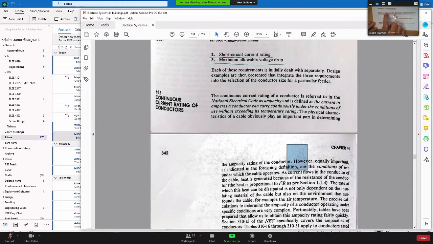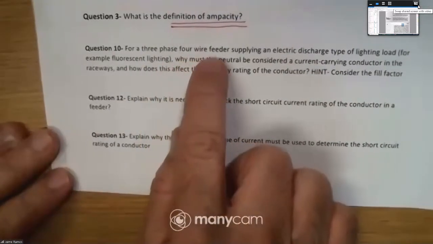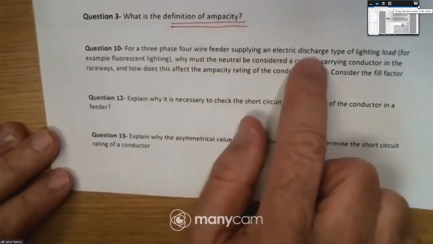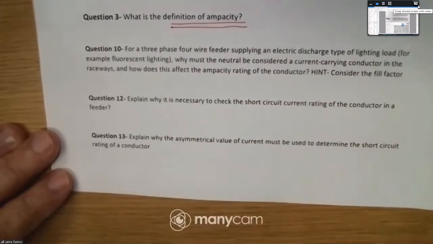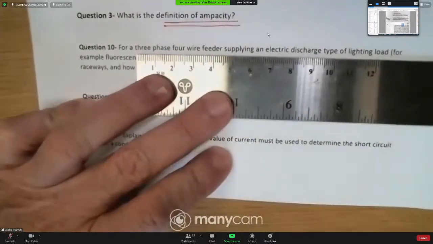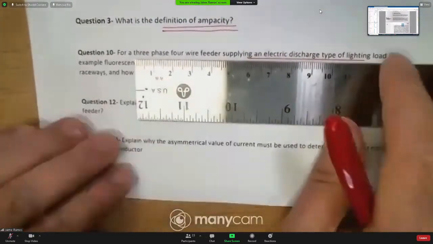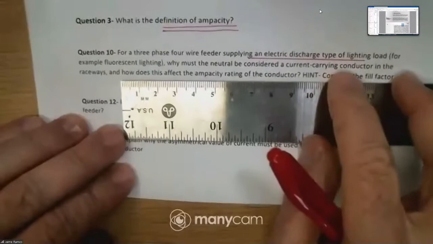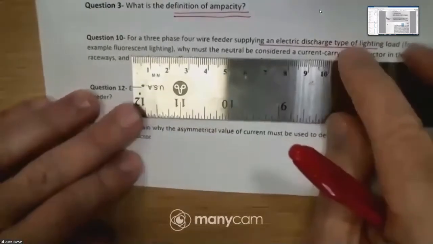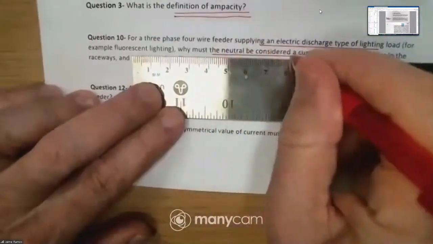Question 10: For a three-phase, four-wire feeder, electric discharge type lighting, why must the neutral be considered a current carrying conductor?